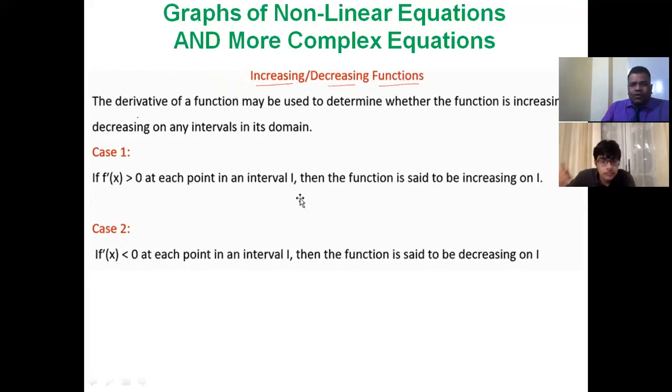How we do that, I don't know, have you studied derivatives, like differentiation? Yes, no? Very minorly in school. We need very little only, we don't need advanced. It says the derivative of the function may be used to determine whether the function is decreasing or increasing on any interval of its domain.